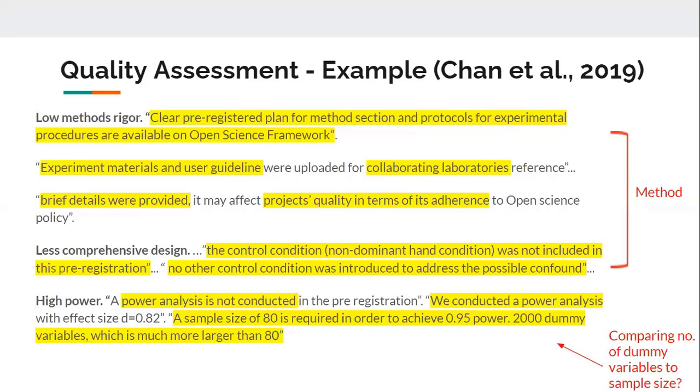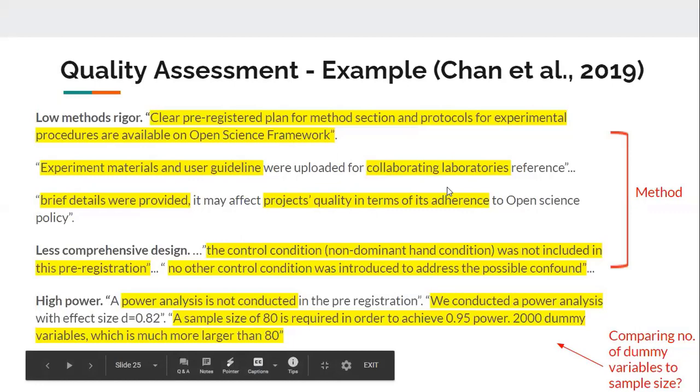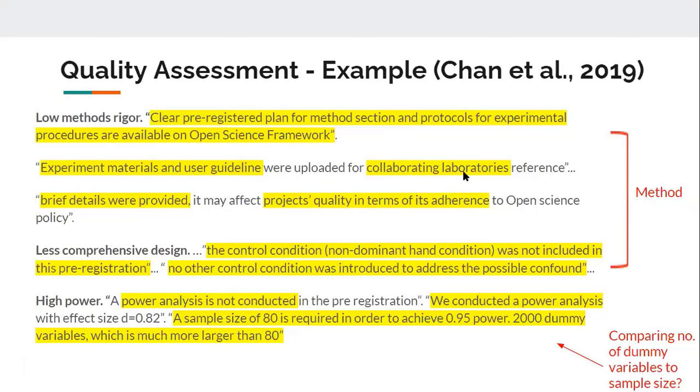The students mentioned the experiment materials and the user guidance were uploaded for the collaborating laboratories. In this case, there are many labs, so it's good that the materials and user guidance are provided. However, the user guidance only provided very brief info, so it may affect the project's quality in terms of adherence. This is a reasonable point.